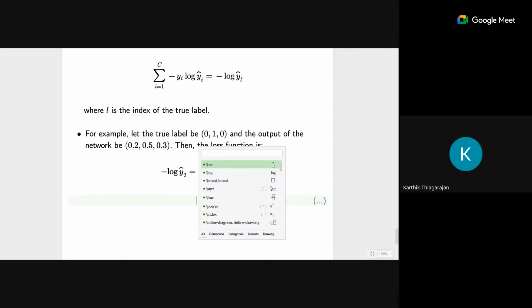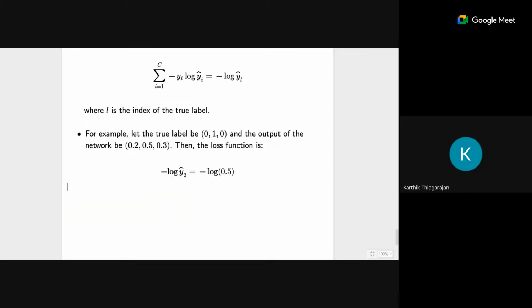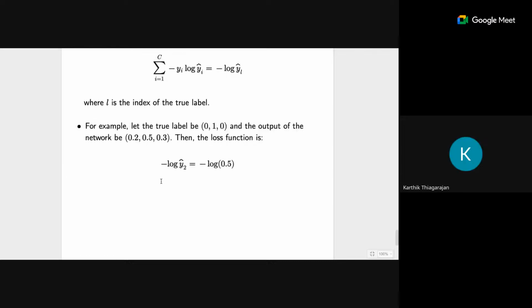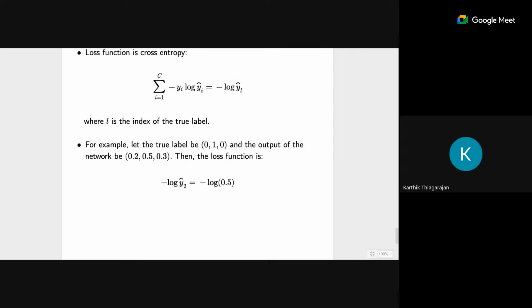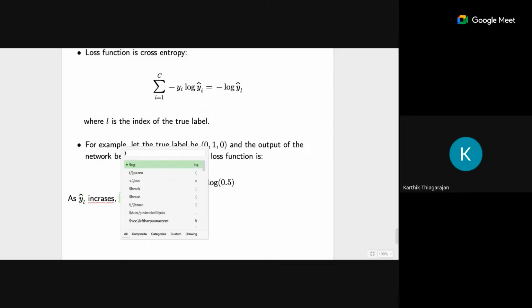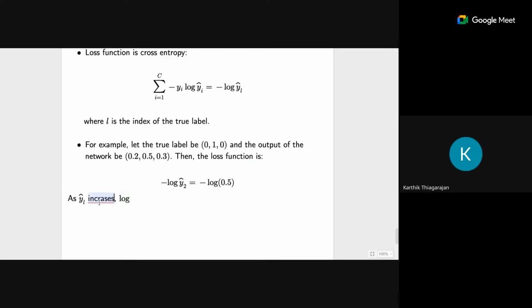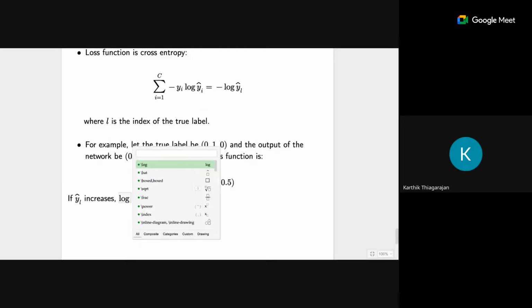Because, see, we have to subtract it from that other vector, isn't it? That 0, 1, 0. No, we are not subtracting, right? So what are we doing? See, as y hat L increases, what will happen to log y hat L?